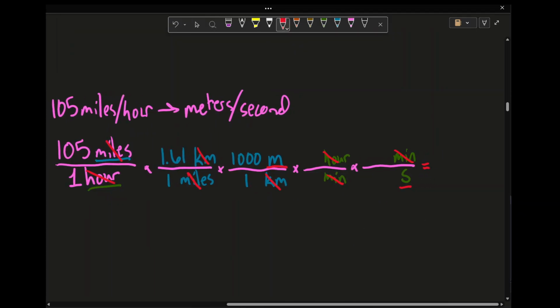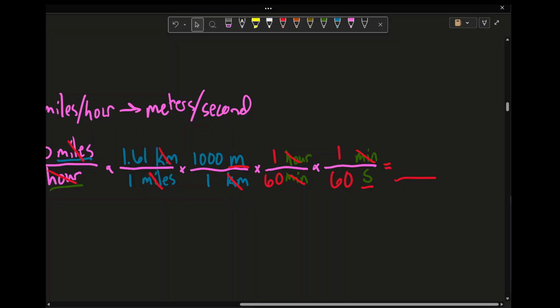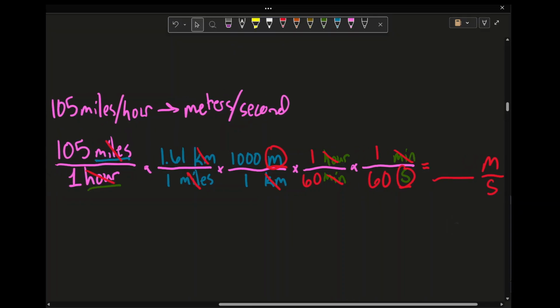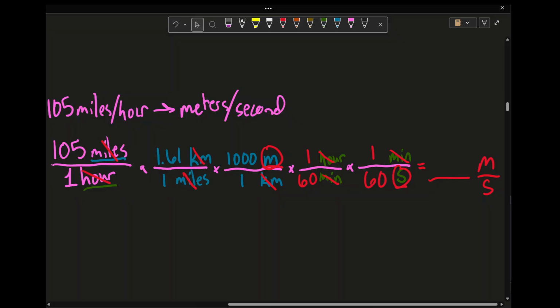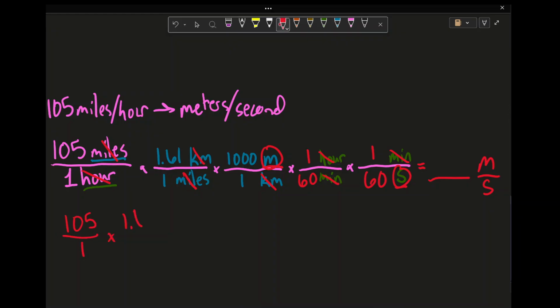Because now, if we do 1 hour is 60 minutes, and 1 minute is 60 seconds, whatever number we end up with is going to have the units of meters on the top and seconds on the bottom. So by setting these units up, as long as we put the right numbers in our conversion factors, we're fine. I'm going to rewrite the math just so it's a little bit cleaner, without all the units there.